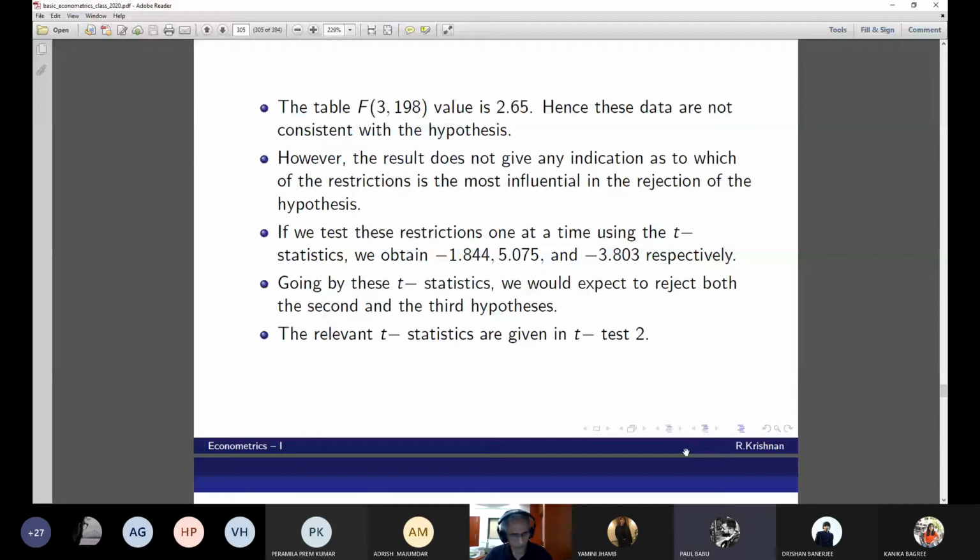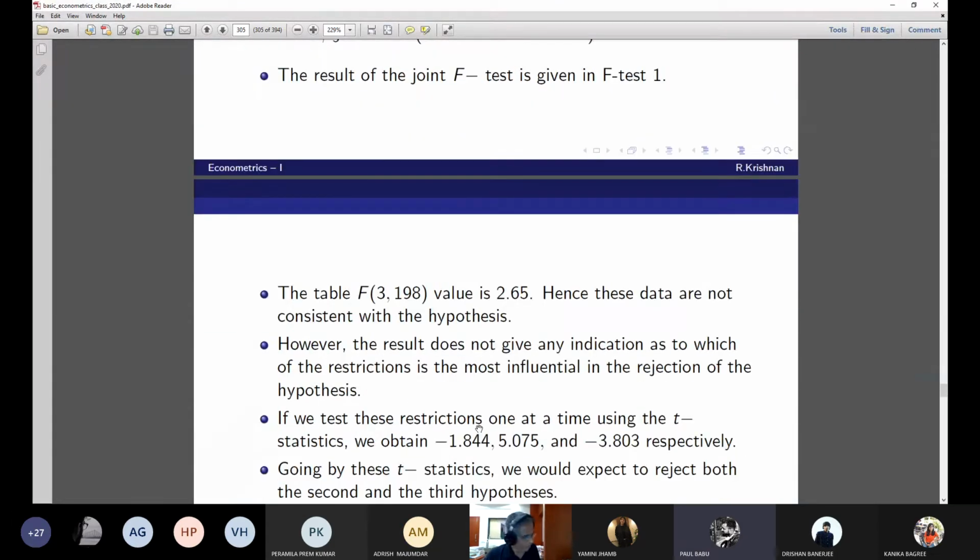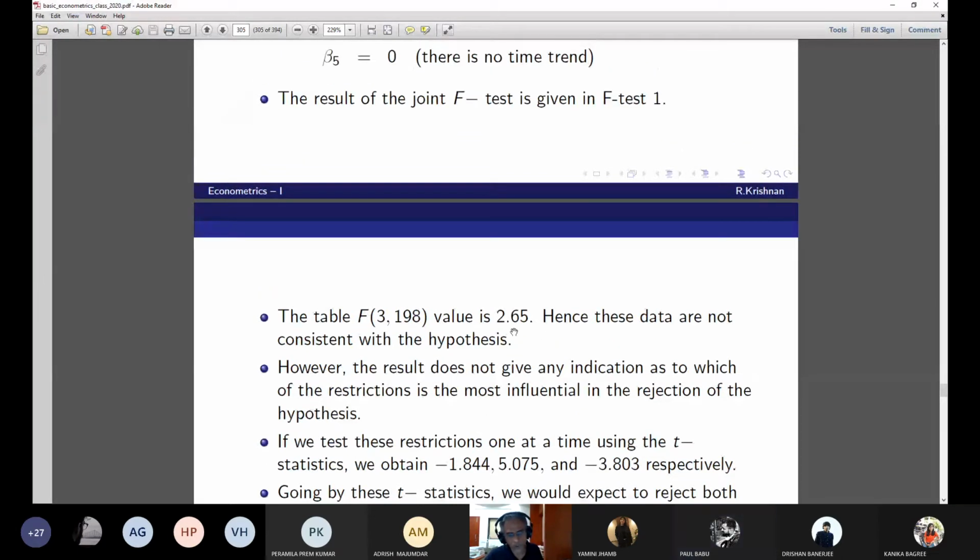Sir, could you tell the contradiction once more? I didn't get the contradiction here. No, what does the F test tell you? The F test was convincingly rejecting it. F test by our table is 109.84051, isn't it? Yes, sir. The table value is 2.65.